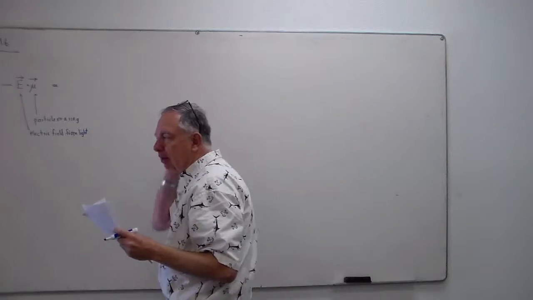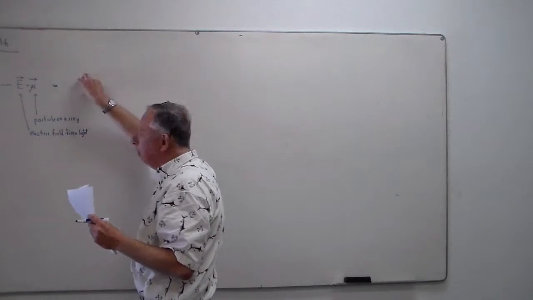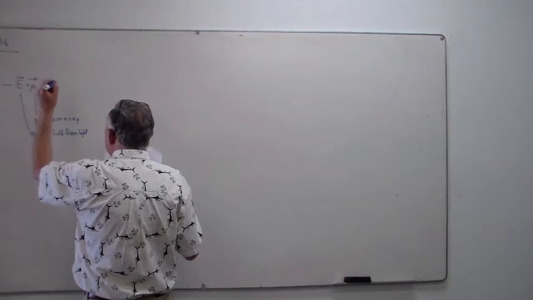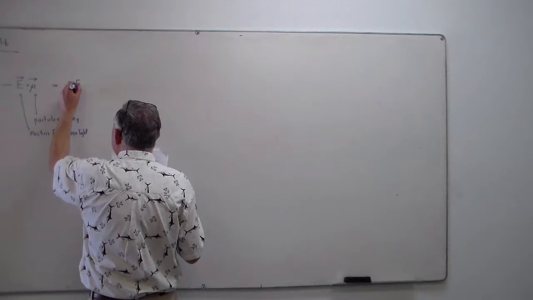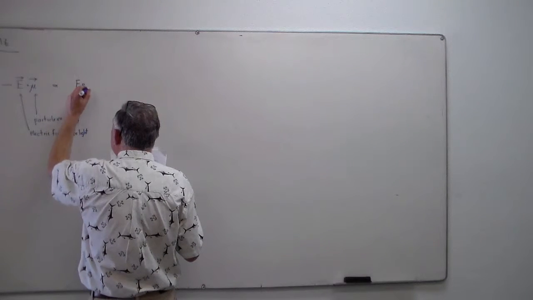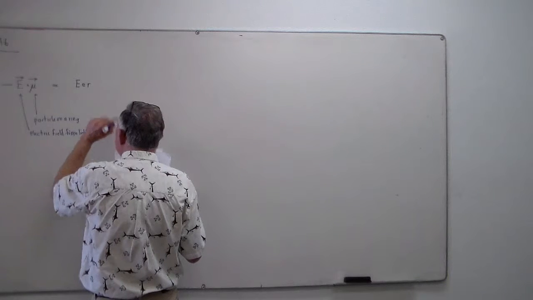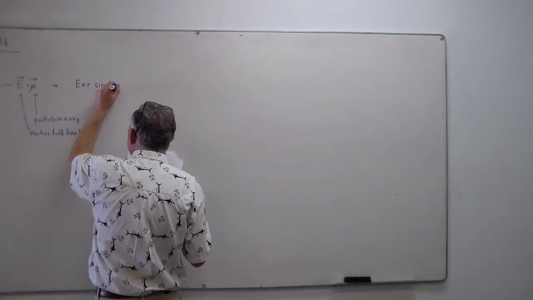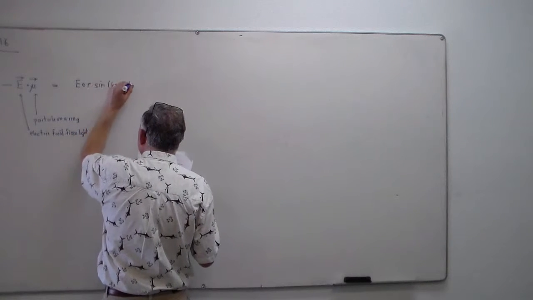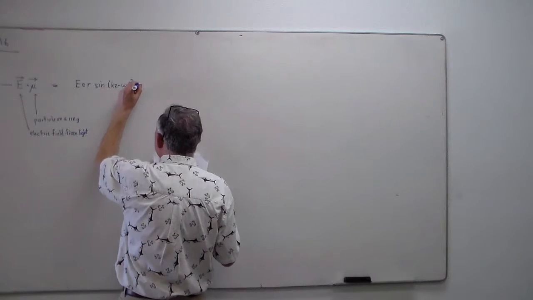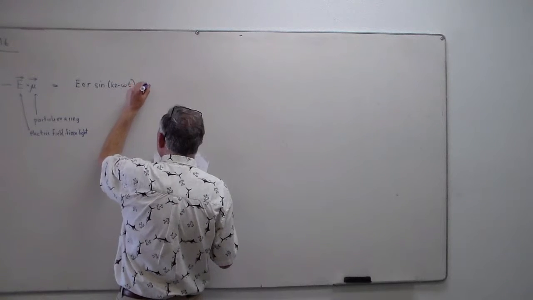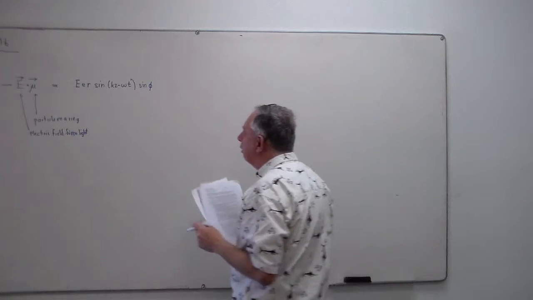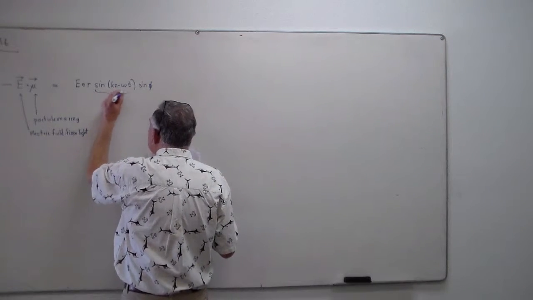Okay, so we've taken the dot product. What was the final result? You got big E times little e. Okay, so big E, little e, r sine of k, omega t, times sine phi.